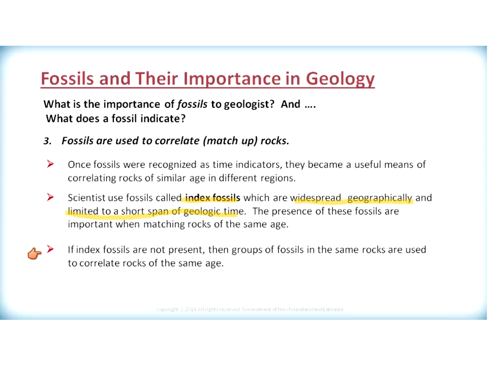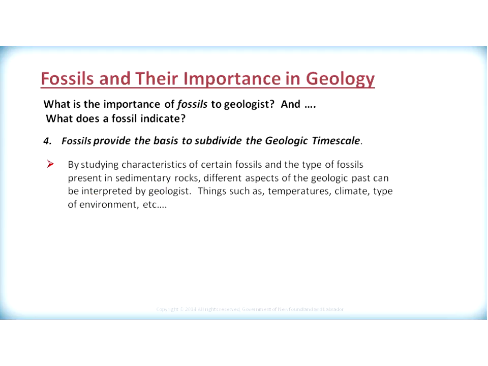If index fossils are not present, then groups of fossils in the same rocks are used to correlate rocks of the same age. So we can correlate rocks over a widespread area by using, number one, an index fossil, or number two, we can look for groups of fossils that are found in the same rock types over a wide area and contained in the same age of rocks.